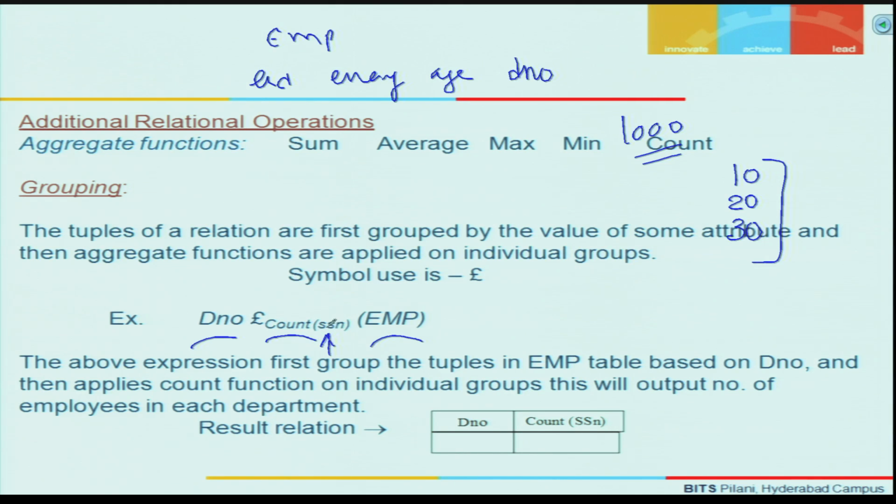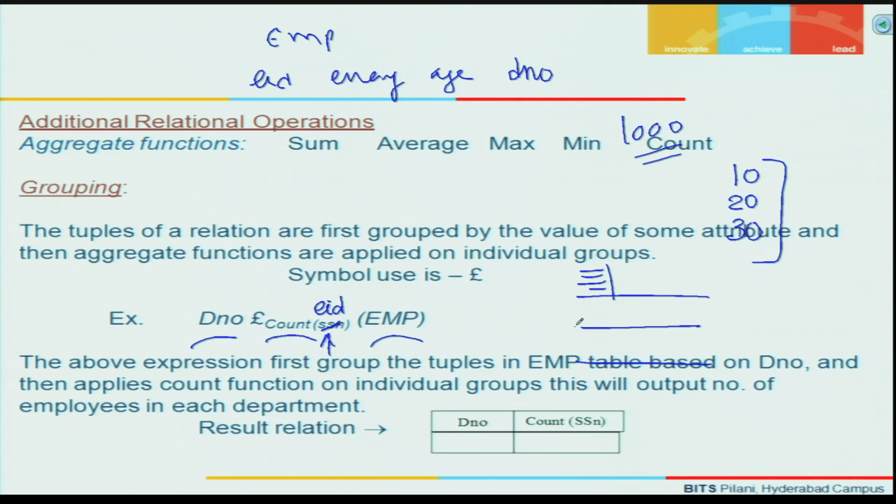Here SSN is not there, of course it needs to be EID. If I count how many distinct values are there in each group, then I can find out how many employees are working in each group. In total there will be 3 groups, and each group will have a certain number of tuples, which is always equivalent to the number of employees working in the group.